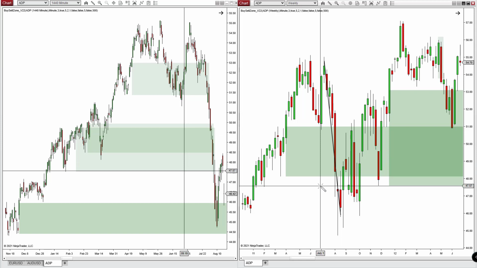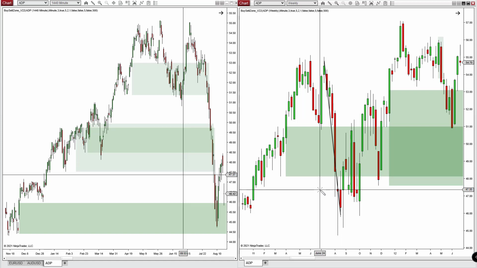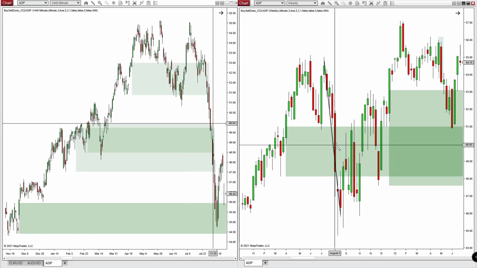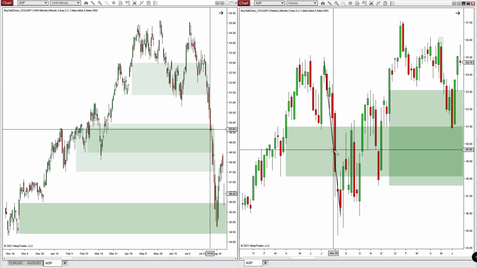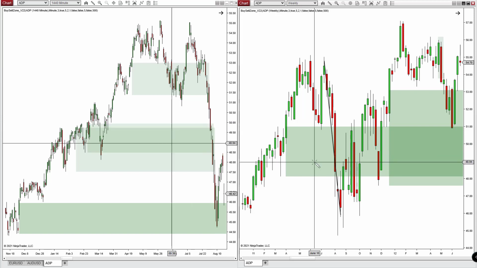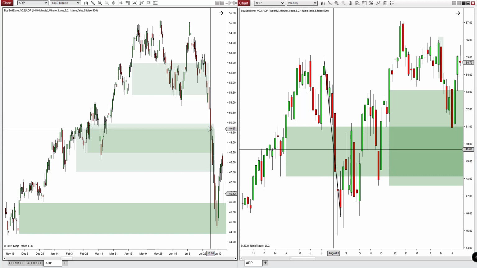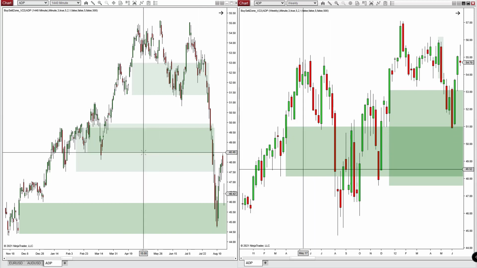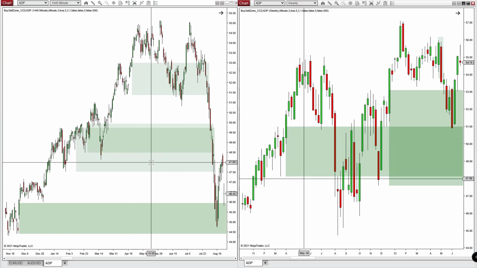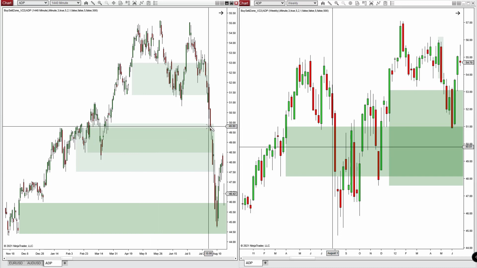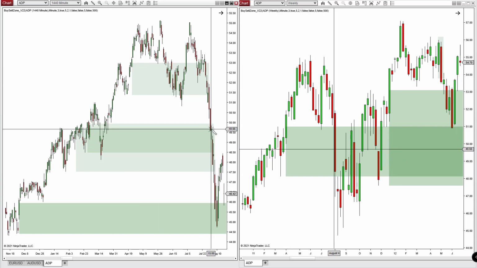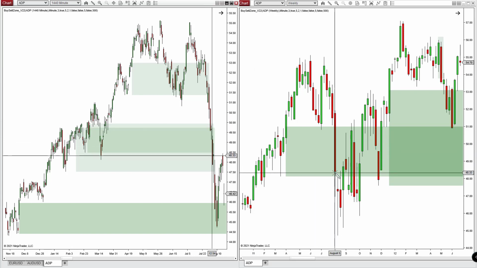Now, there's two ways to look at this. One, if I already have an existing daily market structure zone, can I trade that? Meaning this zone here, now if we come over to our daily, this zone right here is already existing and it's inside of this zone.